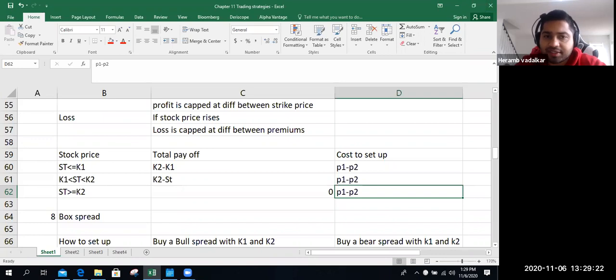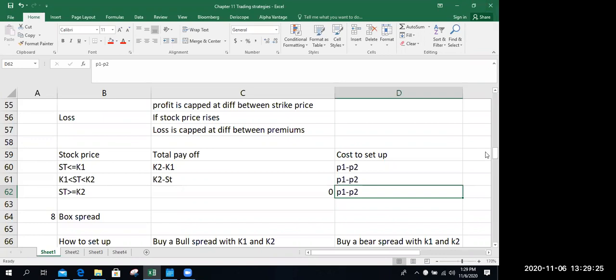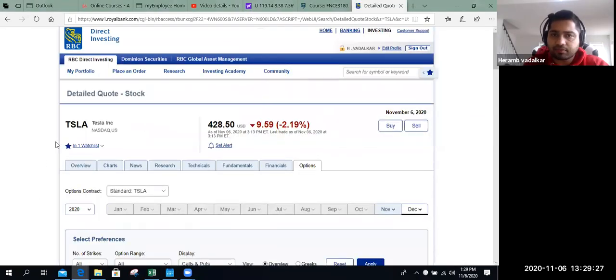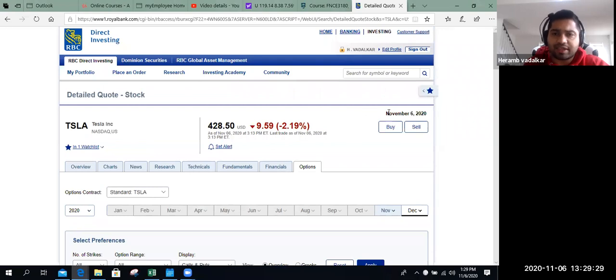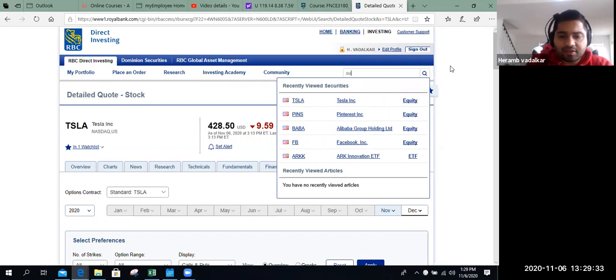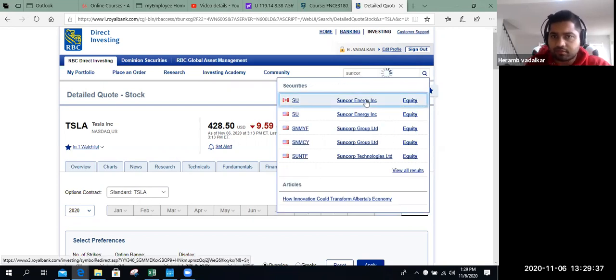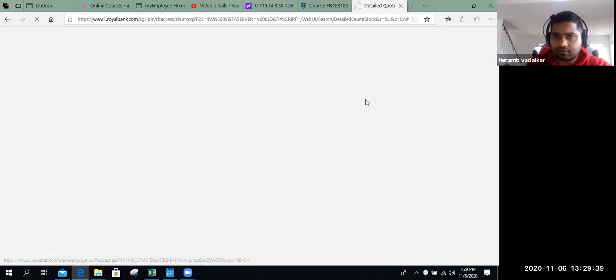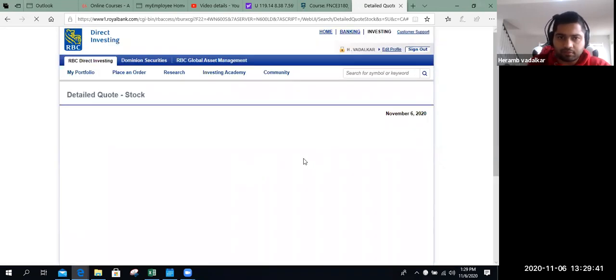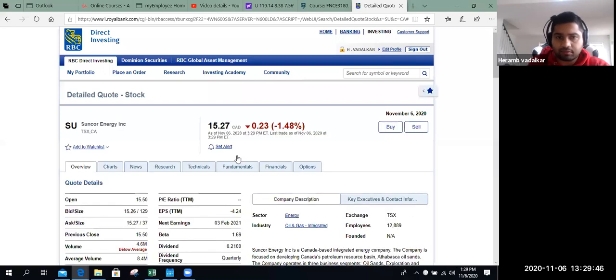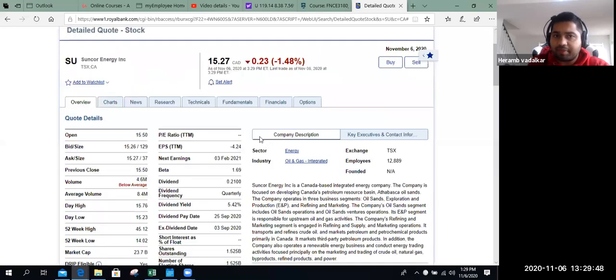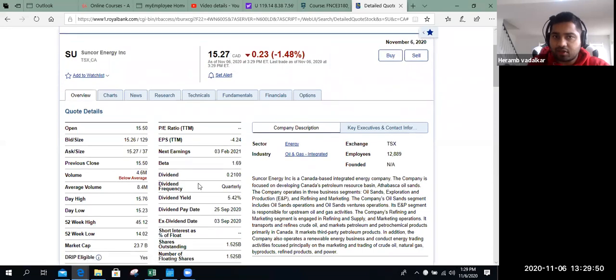You're absolutely right. So if you think any stock, you could do that, right? If you think which is the stock that is really doing bad. So let's say oil and gas is doing bad. So Suncor. So Suncor has been doing bad. So Suncor is at $15.